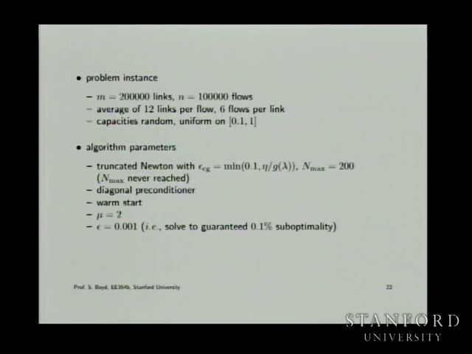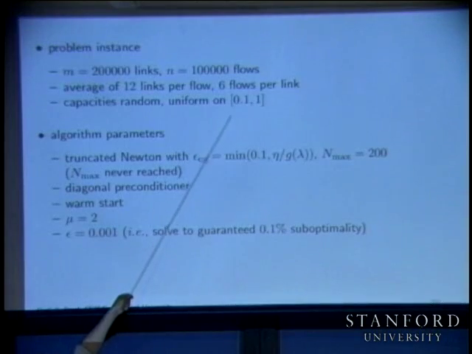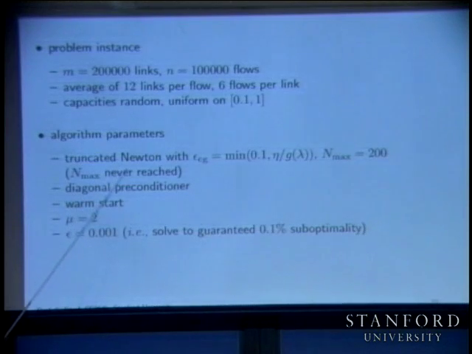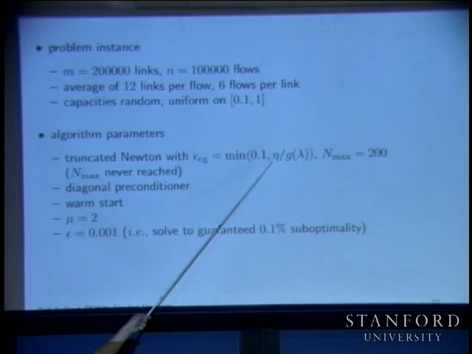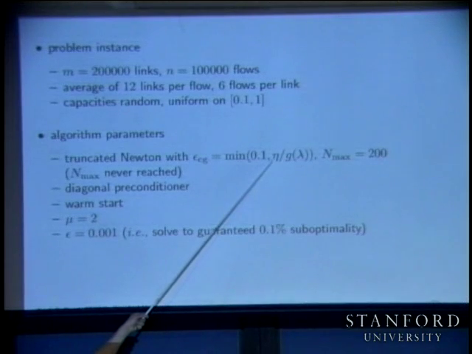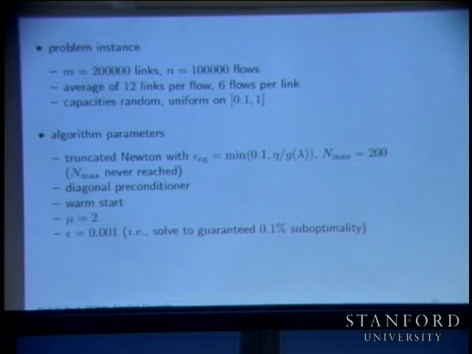We made the capacities random, over a range from 0.1 to 1. Here, the truncated Newton method is done as follows. You stop at either 10% accuracy, that's the approximate duality gap divided by the dual function level, or you have an n-max. In this case, n-max was never reached.